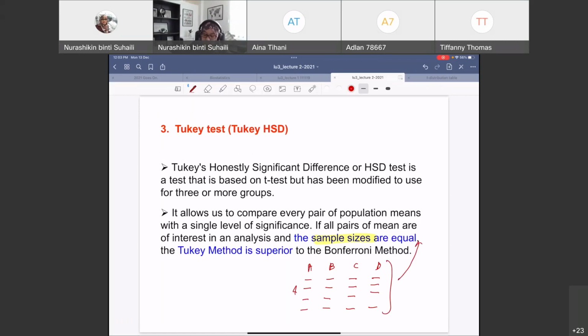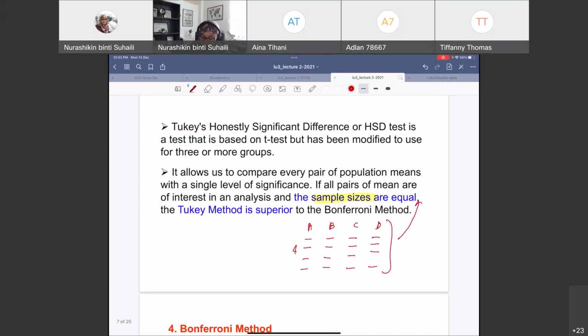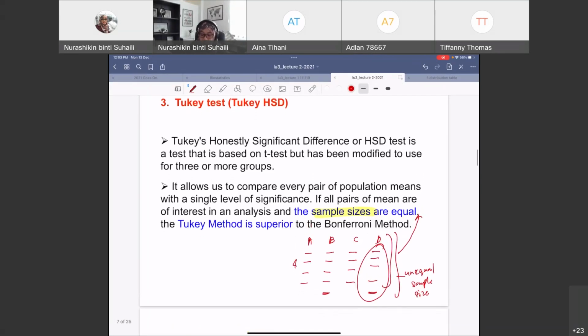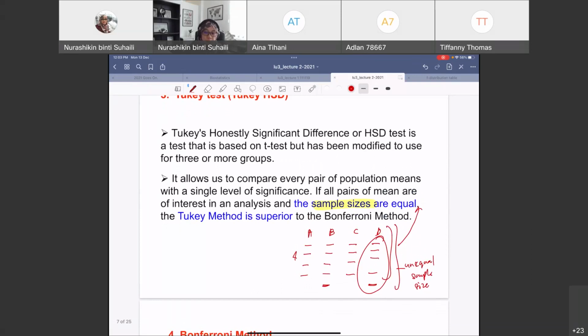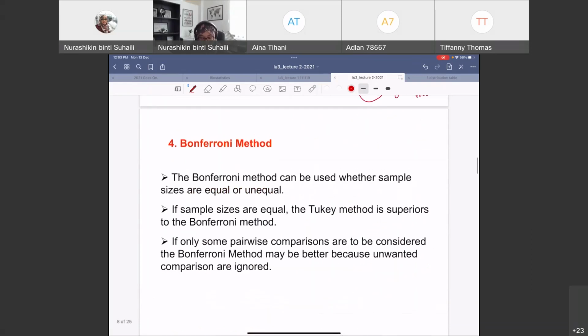But if let's say you have one that has 5, and here are the 5 you got, but C and A have 4, then the whole thing here, we can say it is unequal sample size. So Tukey test is used when the sample sizes are equal. Bonferroni method can be used for both situations, when the sample sizes are equal or not equal.